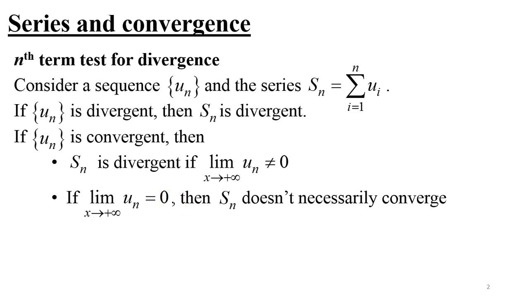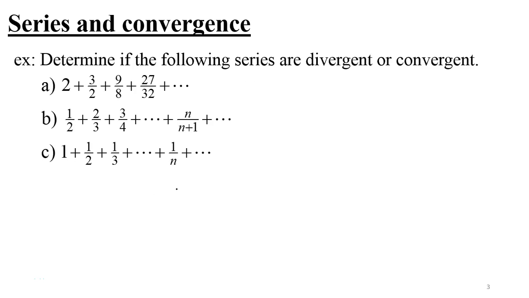The test being inconclusive means that it does not really tell us anything about the convergence of the series. We'd really have to use another test. Okay, so for the nth term test for divergence, all you have to do is just study the limits of the sequence in order to determine if a series is divergent.